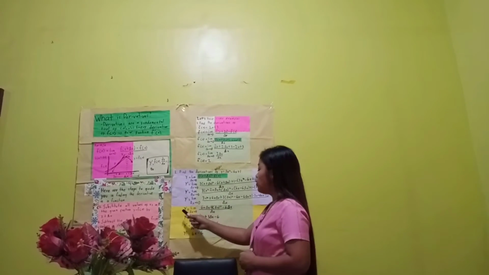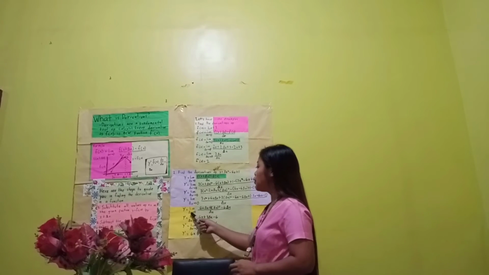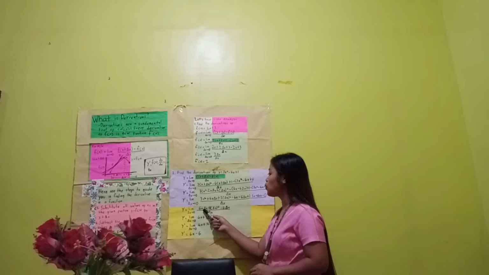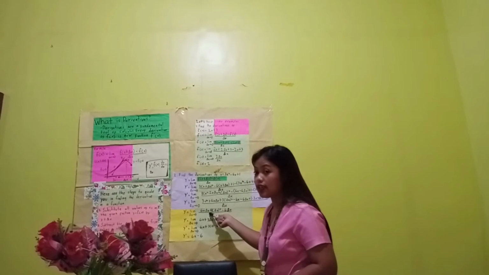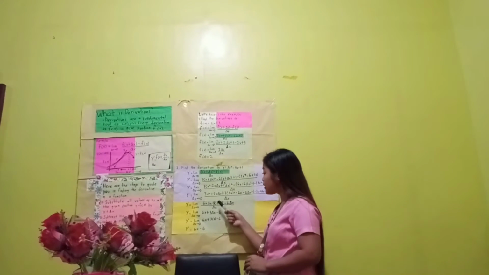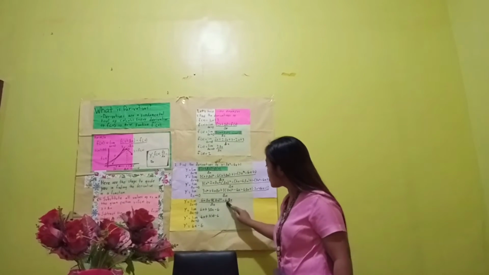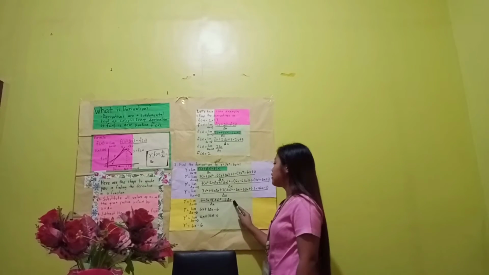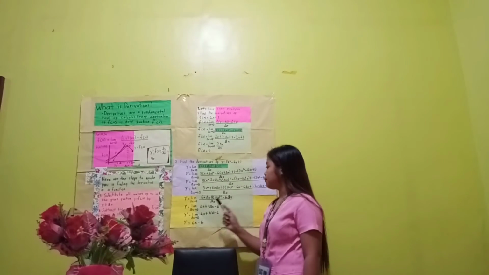Divide. y equals the limit as x approaches 0 of 6x squared delta x plus 3 times the quantity of delta x squared minus 6 delta x, over delta x.